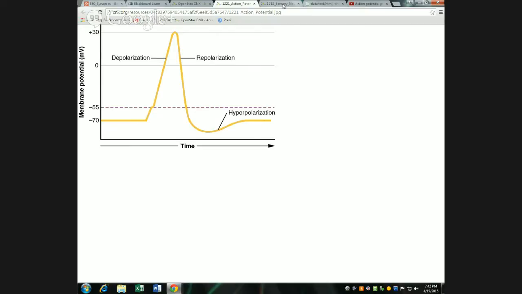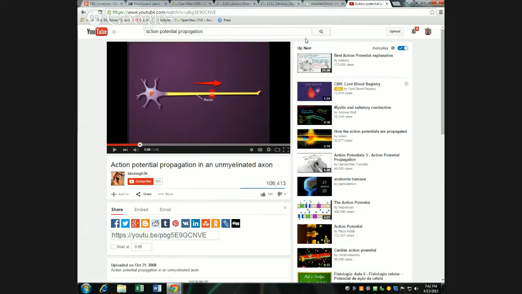Okay. As we're moving along the axon, behind the action potential, right here, it's in the absolute refractory period, and it's in the relative refractory period here, and it's back to rest here. Okay.